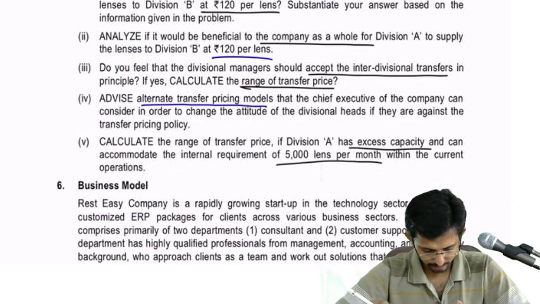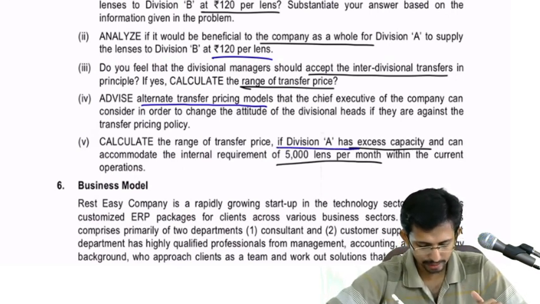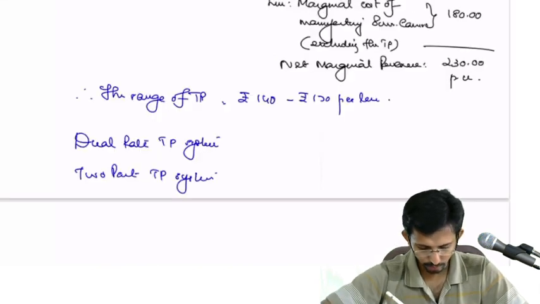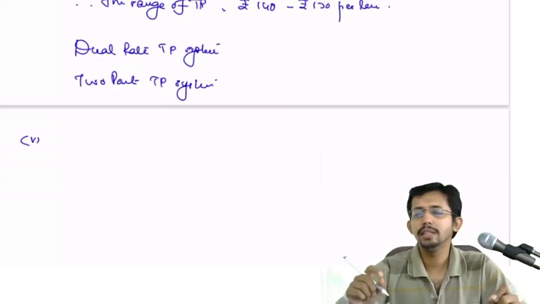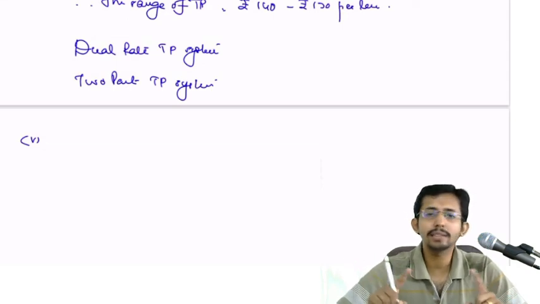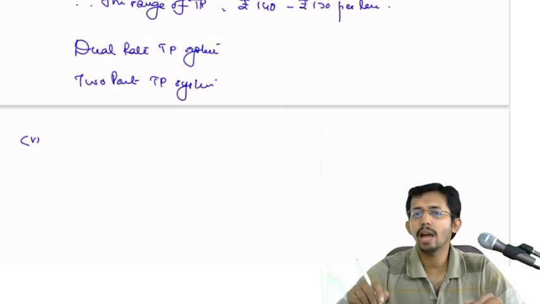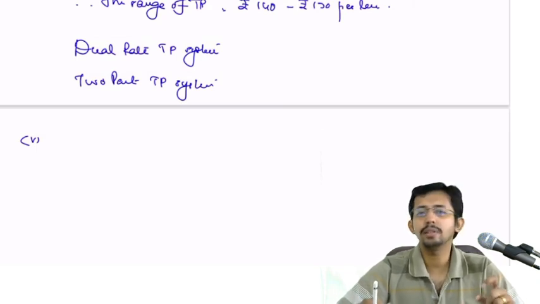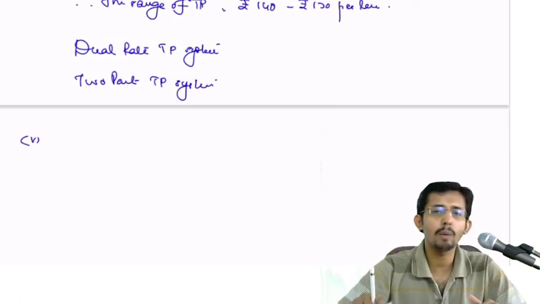Now last one, the fourth one: calculate the range of transfer price if division A has excess capacity and can accommodate the internal requirement of 5,000 lenses per month within the current operations. So what is the change between this and the previous cases? In the previous case, the question stated there is no excess or surplus capacity with division A. So whatever internal transfer has to be effected has to be diverted from the existing external sales, and that will result in opportunity cost.